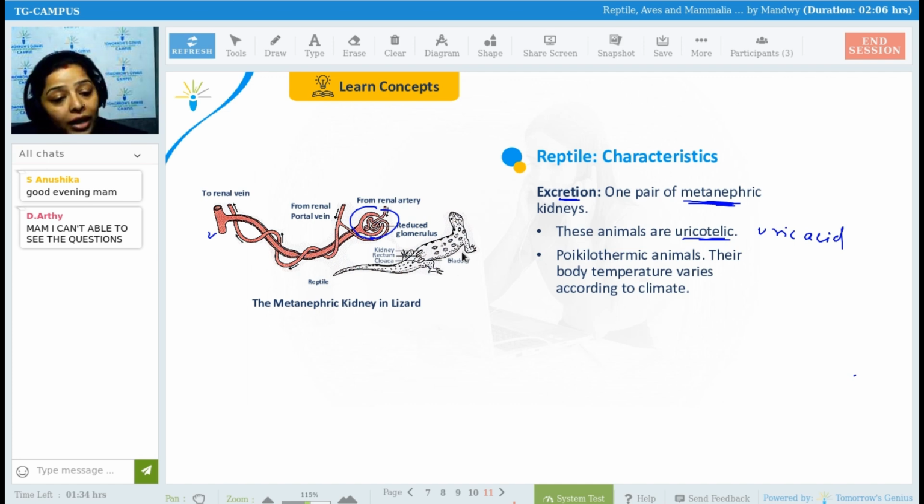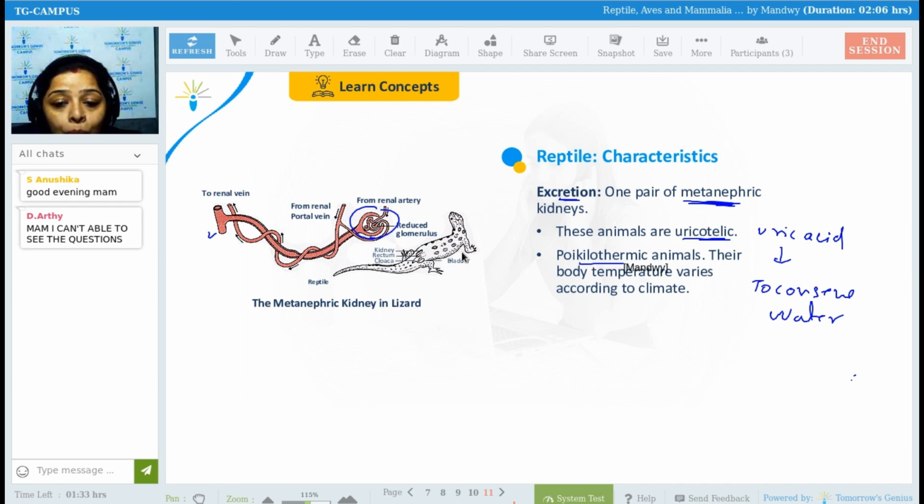Okay, the main reason why they are uricotelic is so that they can conserve water. Please make a note of that. They are uricotelic to conserve water. Done? Okay.